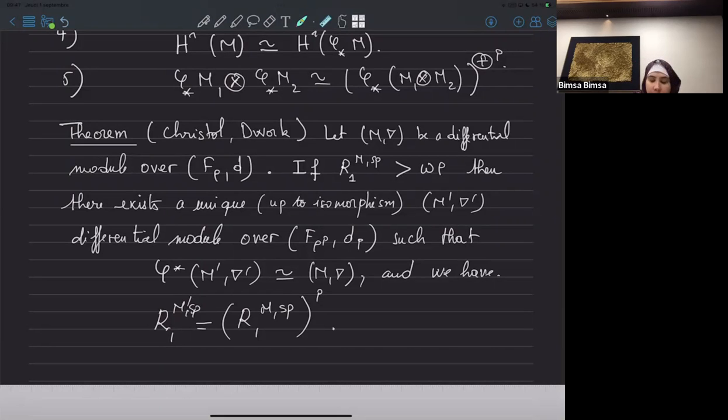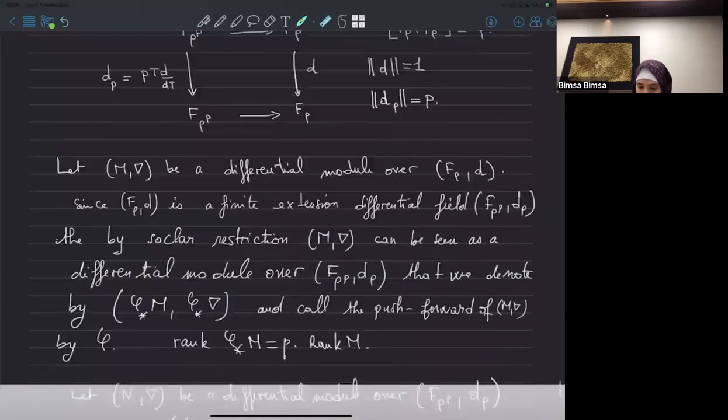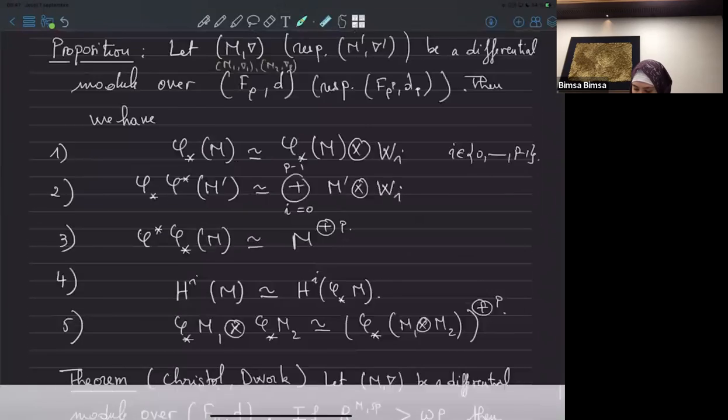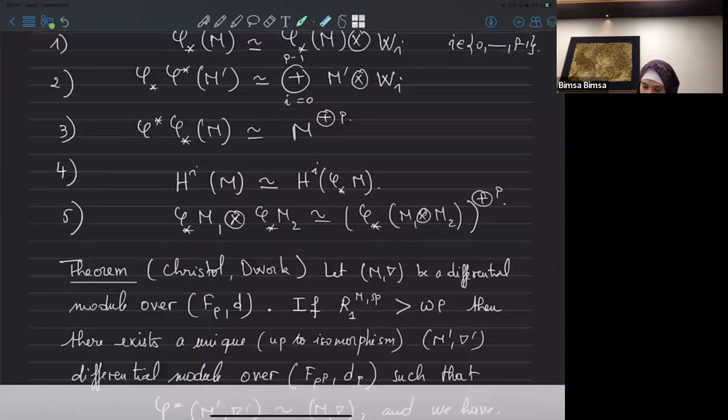And that's why, by taking the push forward of the two, using those properties, we will obtain this property.